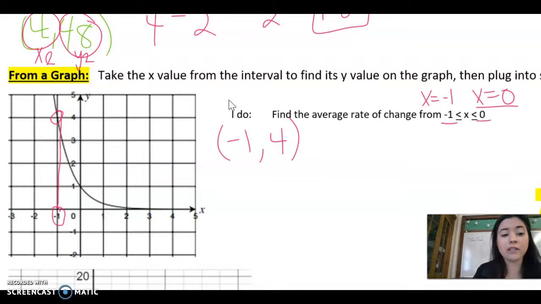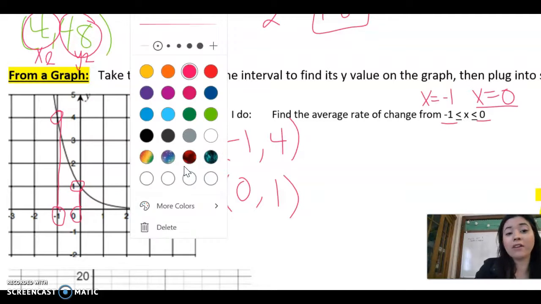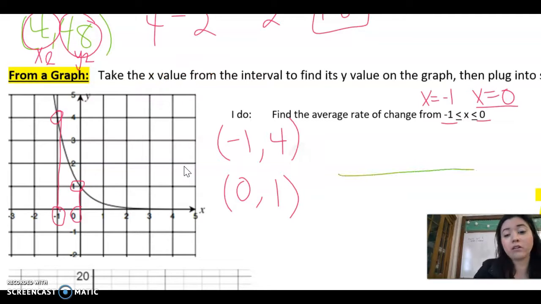Now when x is 0 is right here, and that y value is 1. So now we're at 0, 1. And then we can do the same thing. Label our points, plug them into our equation.